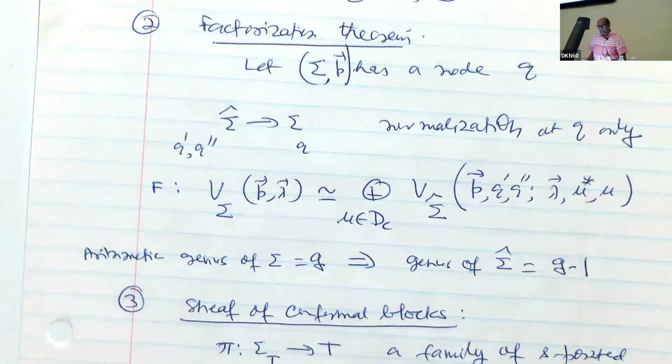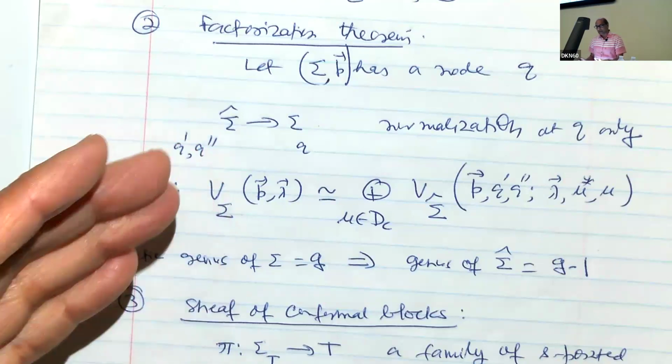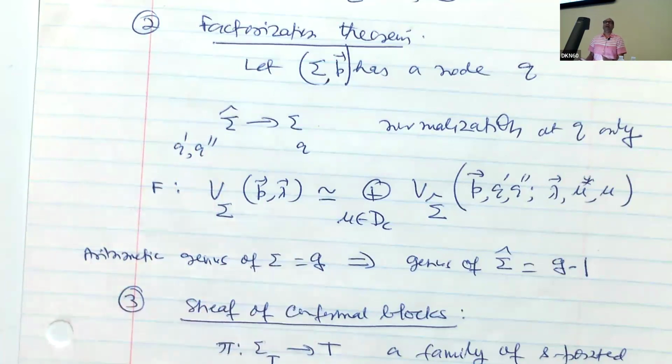Now, the important point, and this is part of the punchline: I wanted to calculate the dimension of V sigma P lambda on a genus G curve.